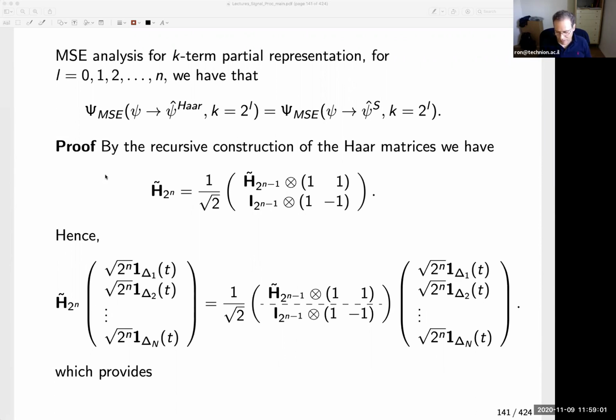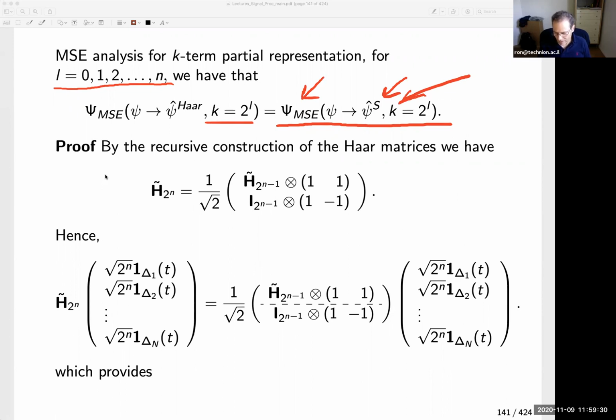Let L be equal to 1, 2, 3 to n. Then if I'm looking at the Haar coefficients at the level k, which is equal to 2 to the power of L, it would be exactly equivalent to the MSE error of representing the signal with a standard set of functions, where the standard set of functions is equivalent to k. So it would be a k split of my domain.